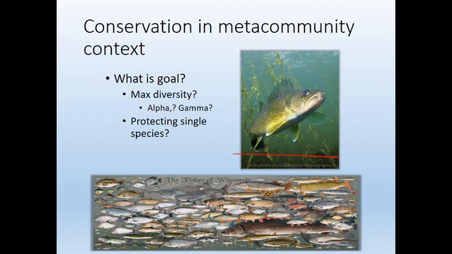And it's only a single species, but that's because fishermen spend essentially a lot of money to try to go after those fish, and they're highly sought after. And so protecting a single species is going to require a much different strategy than protecting all of the fishes of Wisconsin.